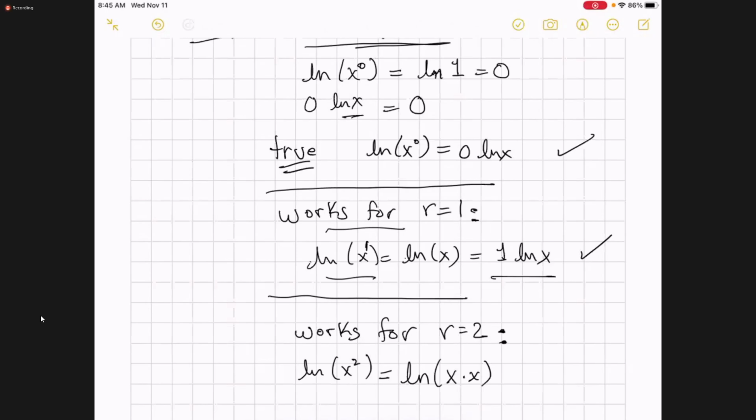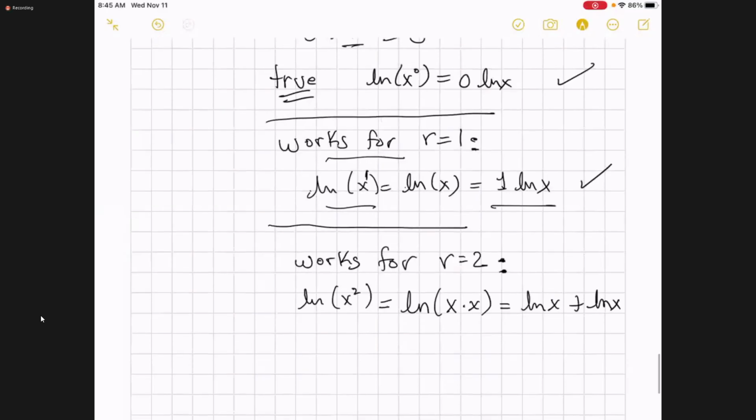And we just proved that if you have a product of two numbers, you can break it into the sum of the logs of those numbers. So ln of x times x is ln of x plus ln of x, by our previous result.